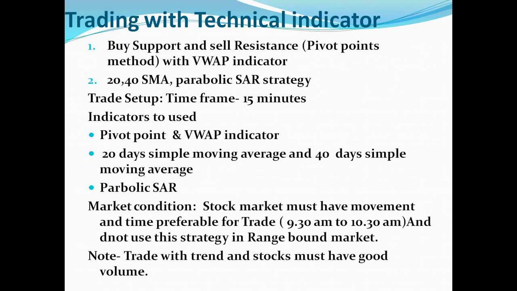First criteria is trade in index direction. The second criteria is see the sector index in which you are doing the trade, then do the stock selection. I already told you stock selection, entry and exit criteria.